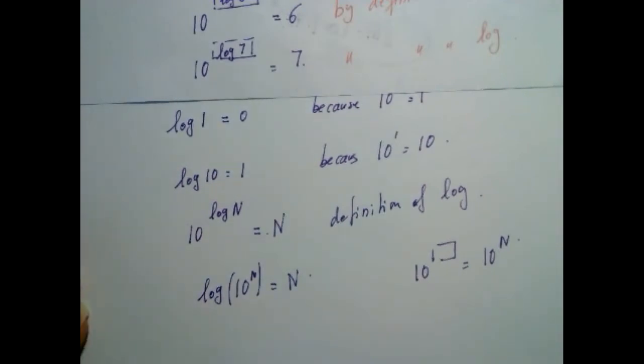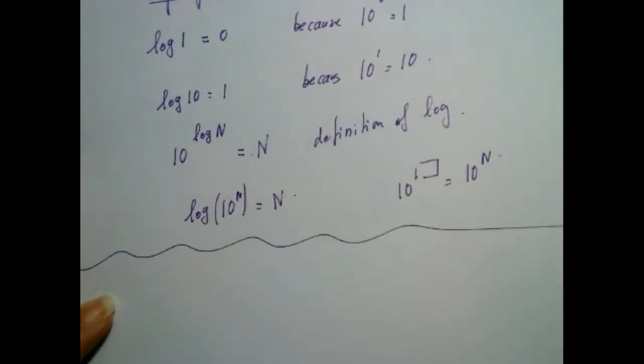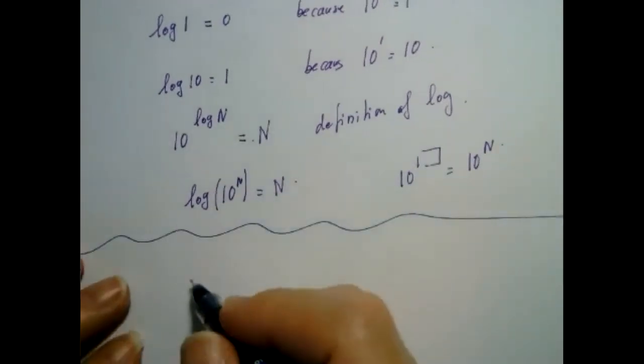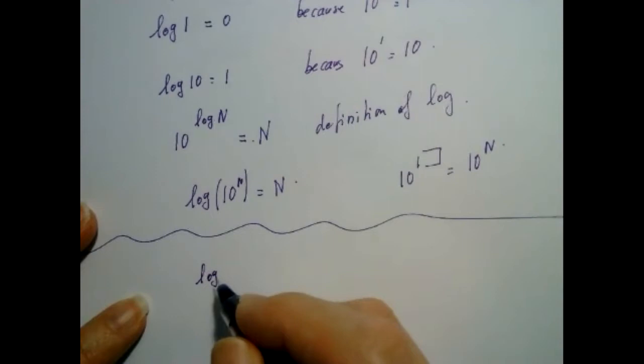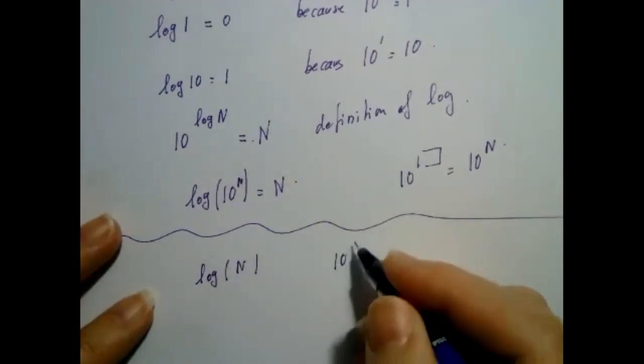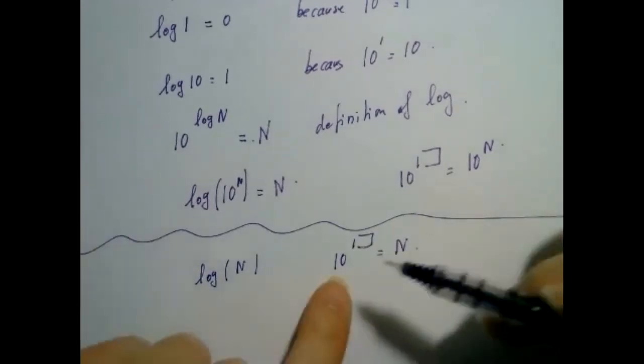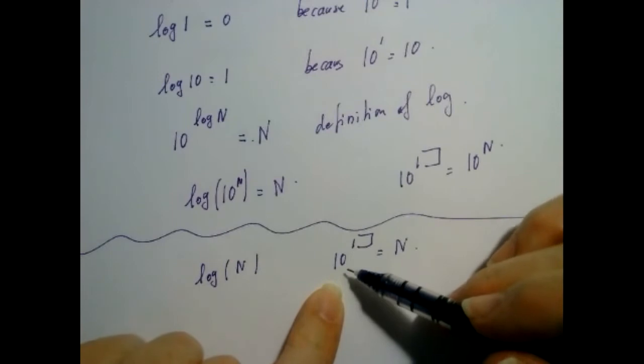Now we defined the thing called the log of anything, n, to be the power of 10 that gives me n back. There is nothing magical about the 10.